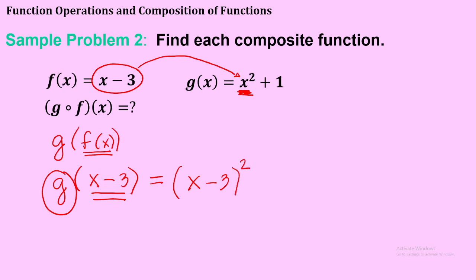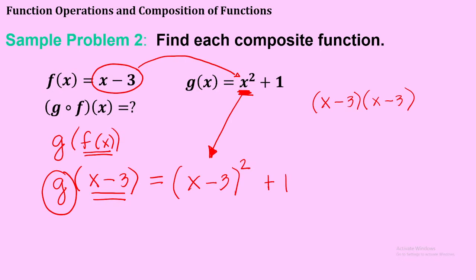So the x here, class, is this, which is x minus 3, plus 1. Now, let us simplify this. The x minus 3 squared, we can write that as x minus 3 times x minus 3. Do you agree with me?